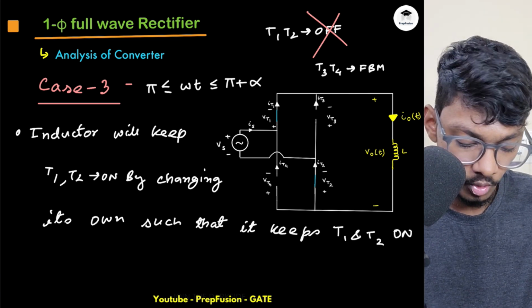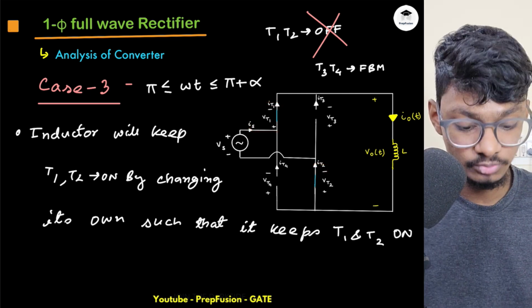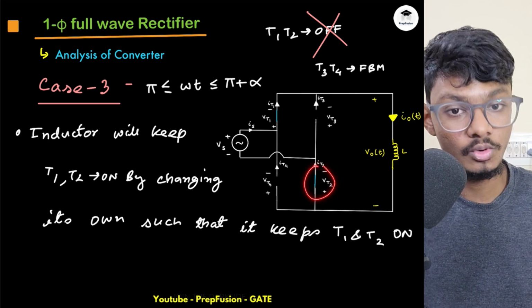Okay, so it will not take this T1 T2 to reverse blocking mode. It will change its polarity such that the T1 and T2 are on.